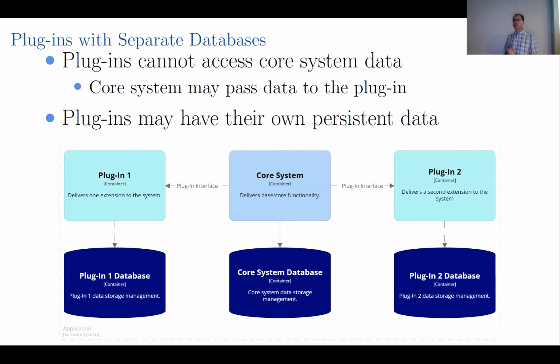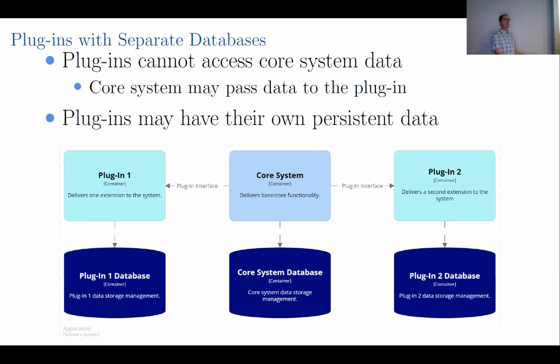So it shouldn't be storing stuff in the system database. It may be manipulating data. It passes that back to the core system, which the core system stores because it's actually the core system's data. That's fine. But if there's plugin-specific data that needs to be stored over the long term or needs to be saved in some fashion, then your plugin has to have some persistence mechanism.